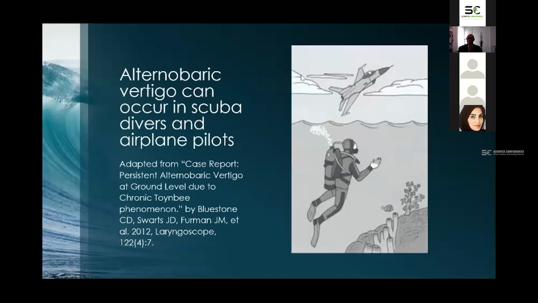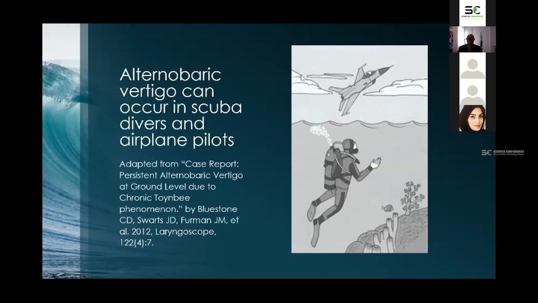Alternobaric vertigo is a relatively obscure condition, which was first coined by Dr. Claes Lundgren in 1965 to describe vertigo in deep-sea divers. It is also used to describe vertigo in aircraft pilots.